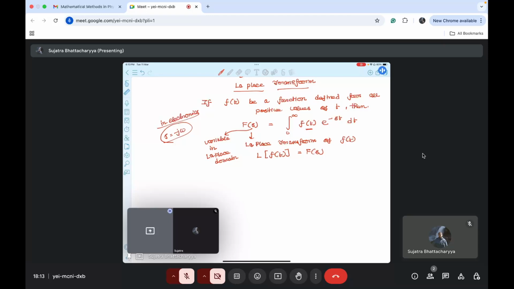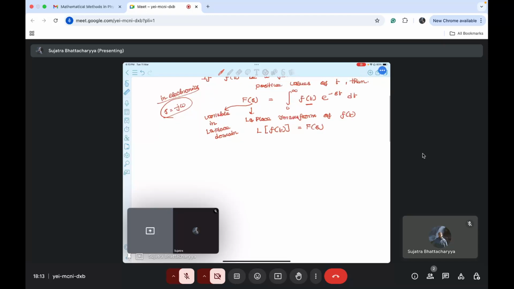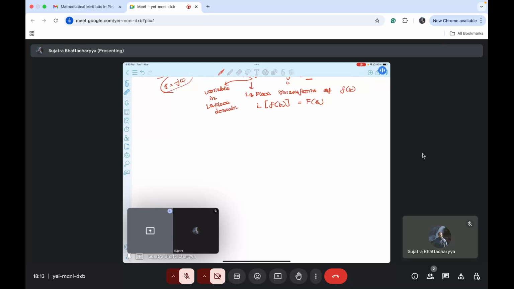So based on this particular definition, let us now calculate the Laplace transform of different functions. All right.